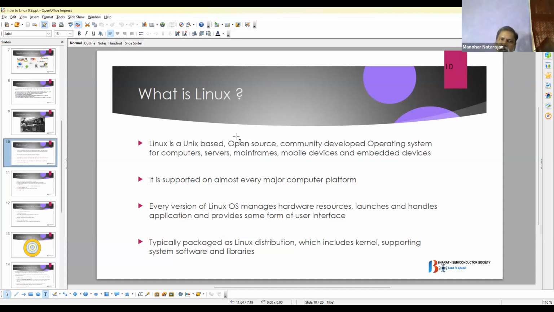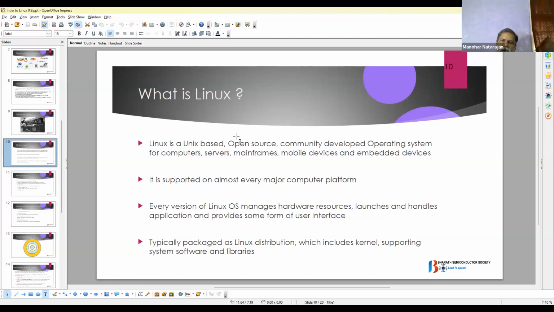The entire code base of the Linux operating system is available under the GNU license on the web. So anybody can take a look at it, make modifications, improve it, add components to it, review it, and file bugs against it. So many people have contributed to it, and that is one of the reasons Linux has been a very successful operating system.